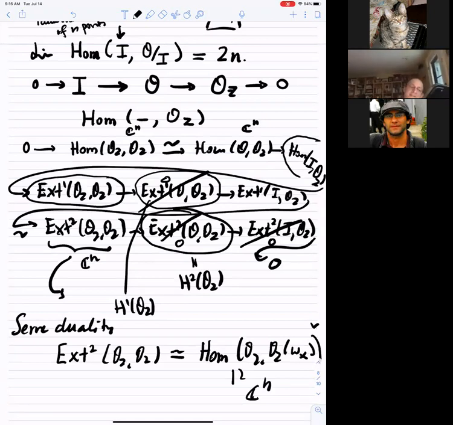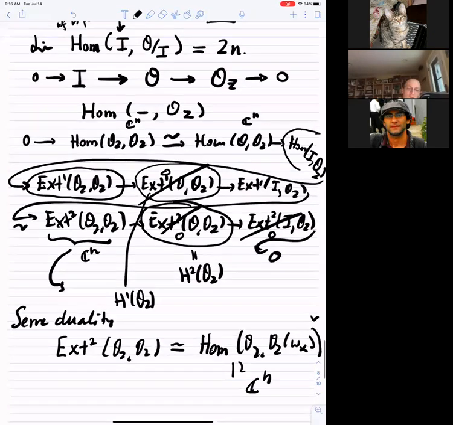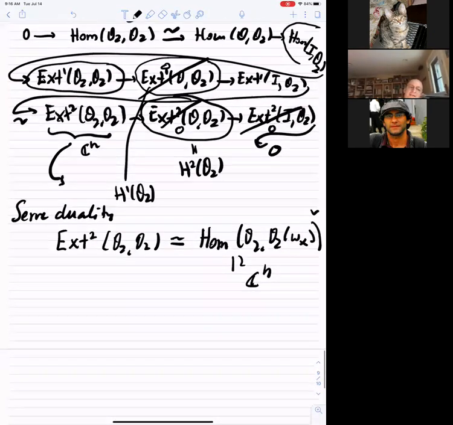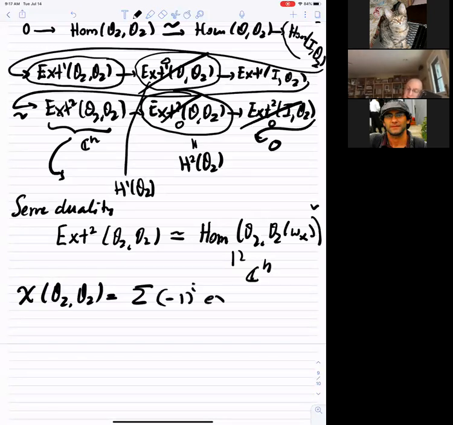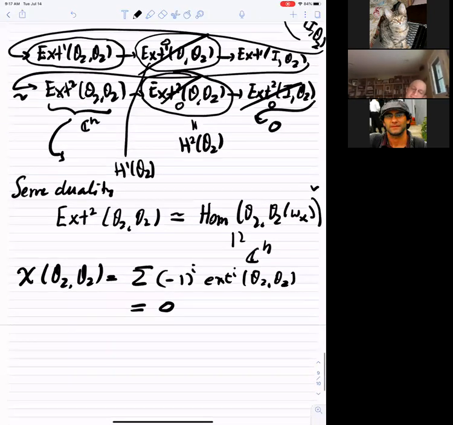All right, but we still need to understand this Ext^1(O_Z, O_Z), and then the final thing that you note is that the Euler characteristic of (O_Z, O_Z), which is the sum of (-1)^i dim Ext^i(O_Z, O_Z), is 0. Okay, again, this is not hard. You can use the definition of Ext to compute.